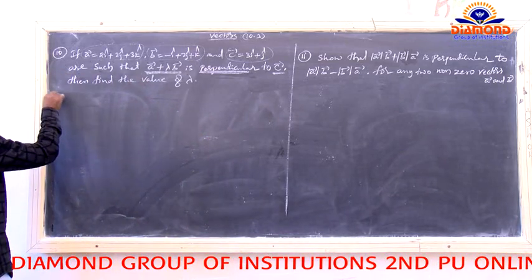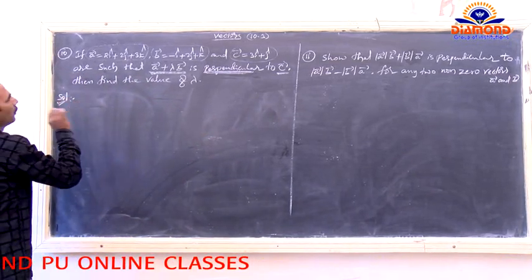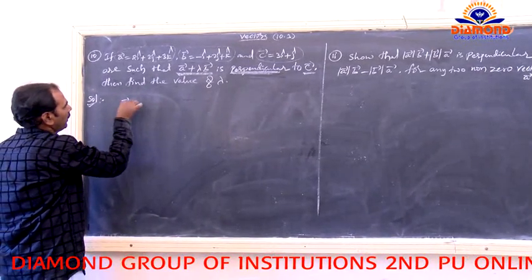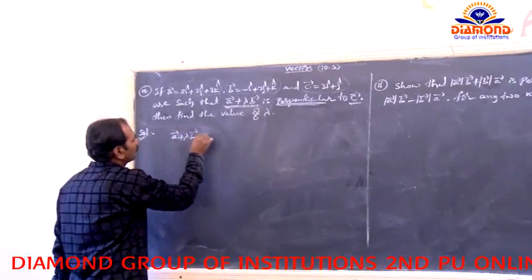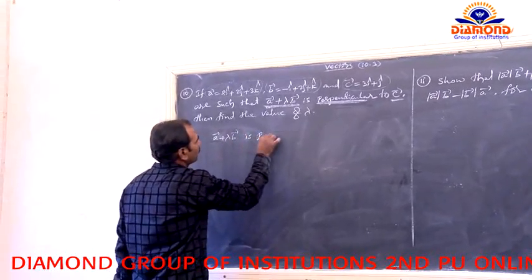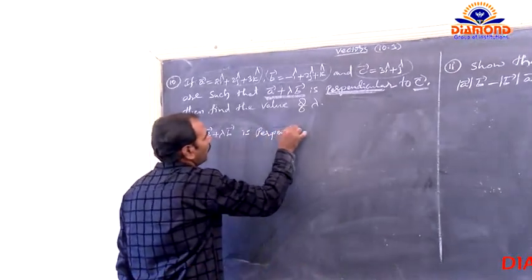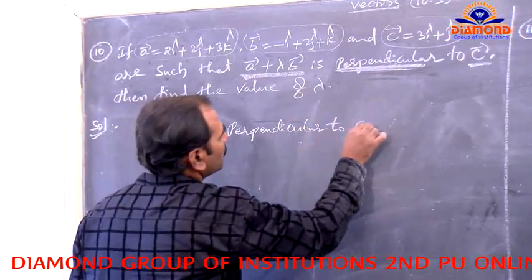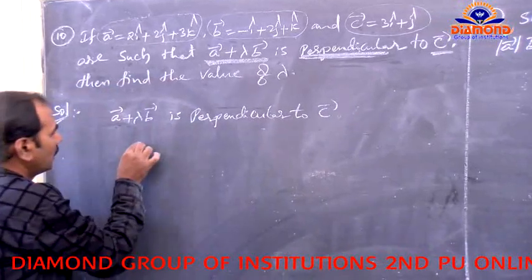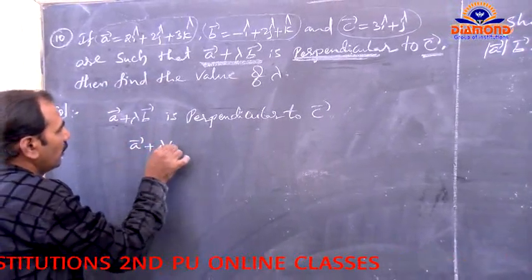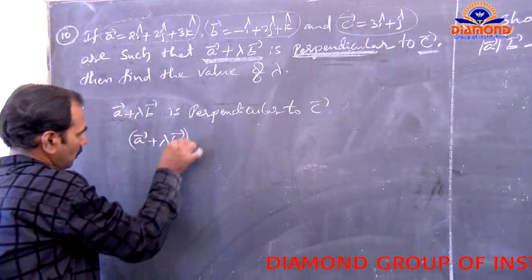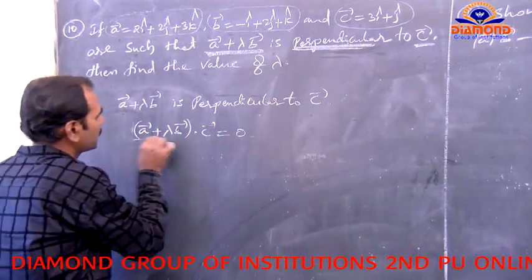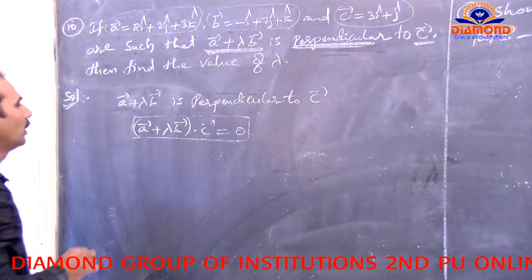So solution. A plus lambda B bar is perpendicular to C bar. It means A vector plus lambda B vector dot product equal to 0. This is the main condition.